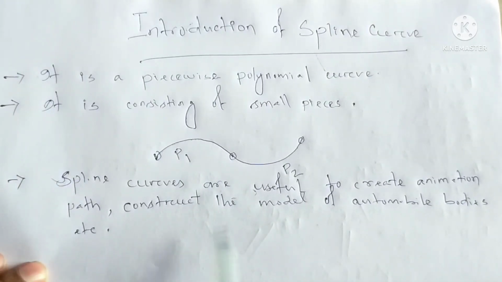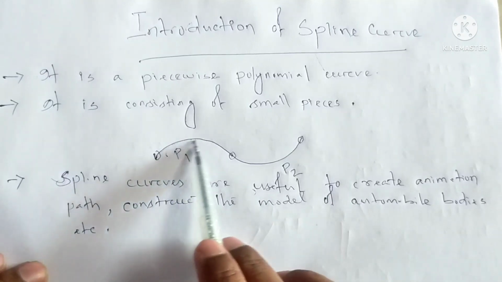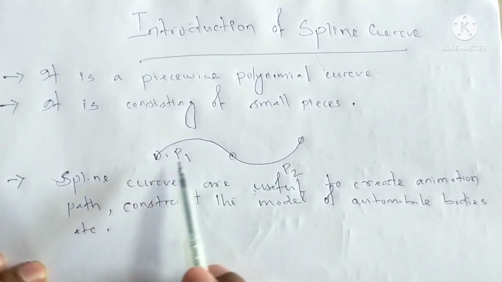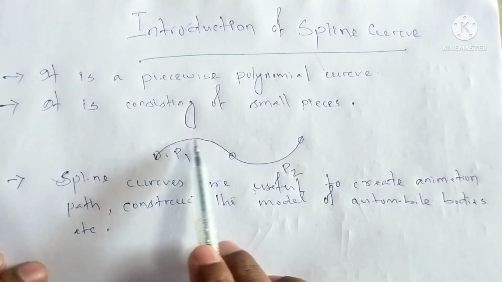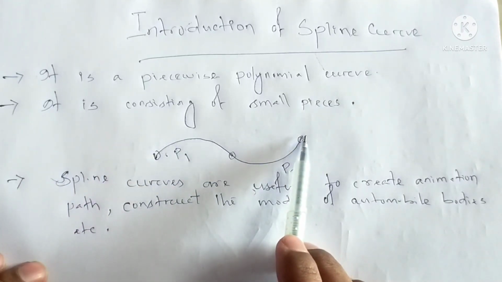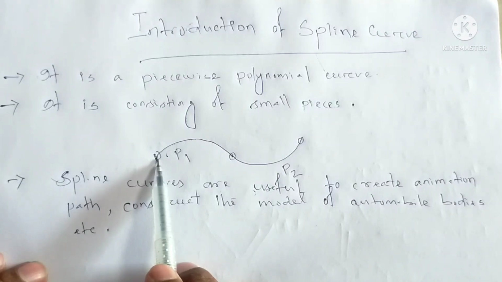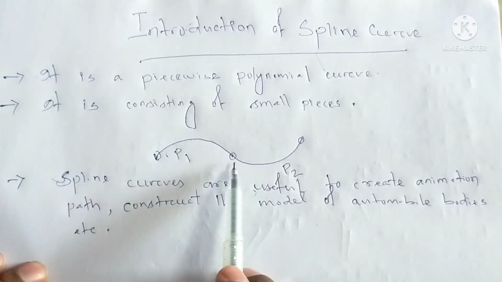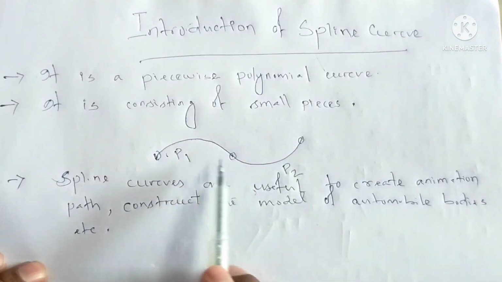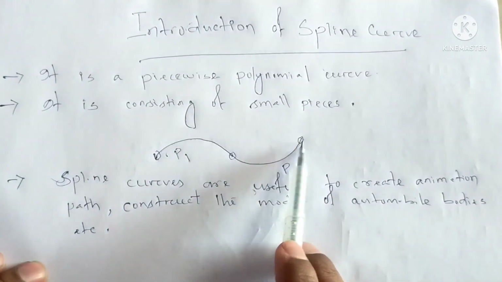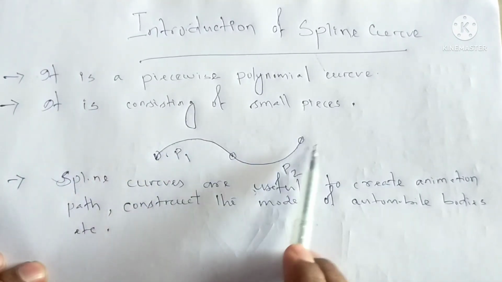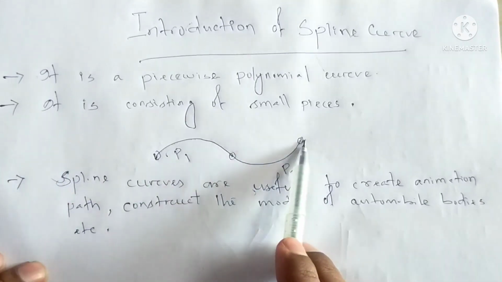So whenever you are going to create a path, just think about this, the path you have created using spline curve, and we want to use this path for animation purpose. Suppose a butterfly begins from this point and goes up to this point. From the starting point to the ending point, the butterfly will fly from one end to another end.